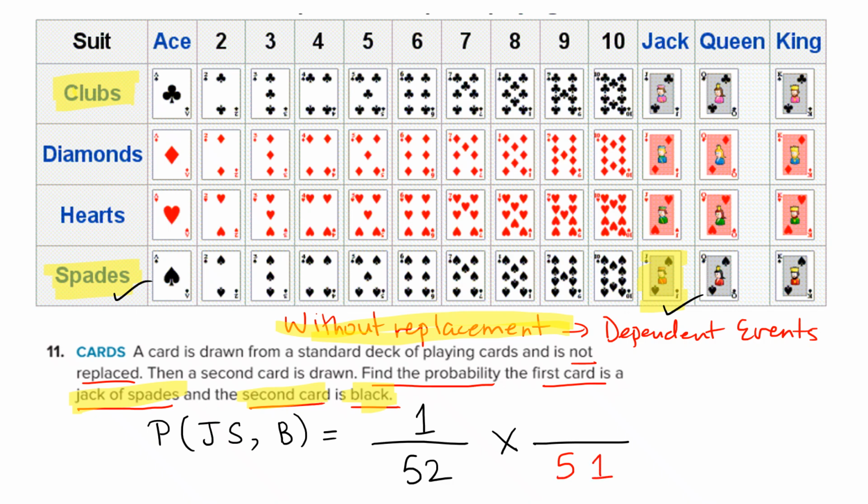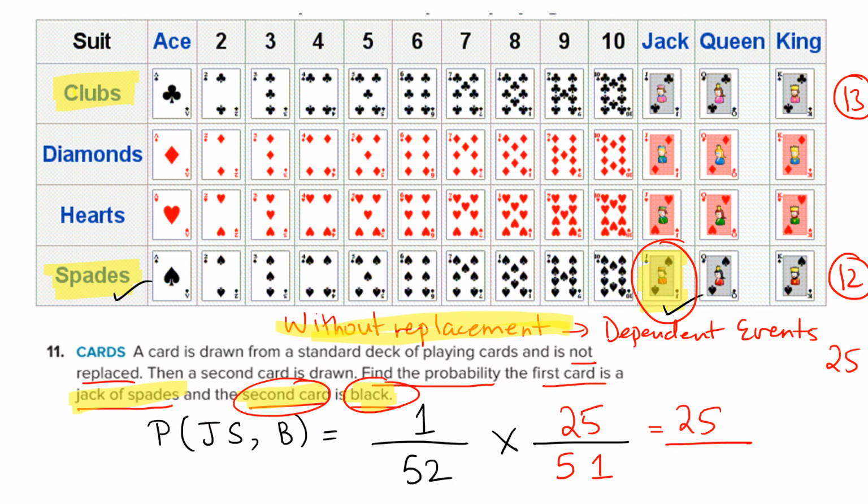Now we need the second card that I draw to be black. So how many total black? 13 black cards here from clubs, and from spades I have 12. Why 12? Because one I already took out, Jack of Spades. So 13 plus 12, this is going to be 25. So the favorable outcome is 25.